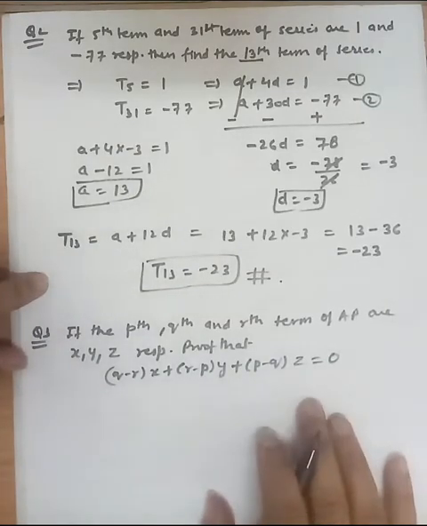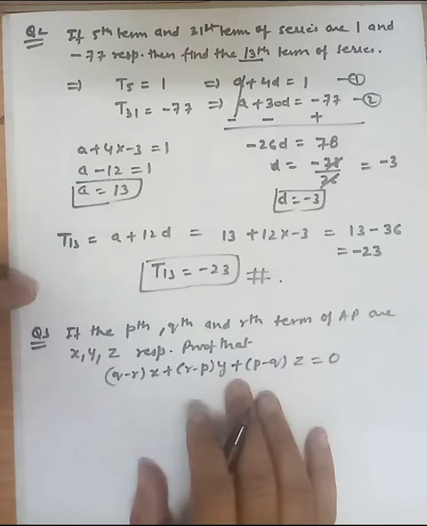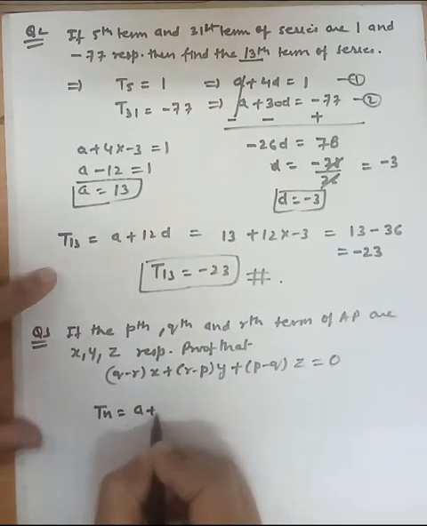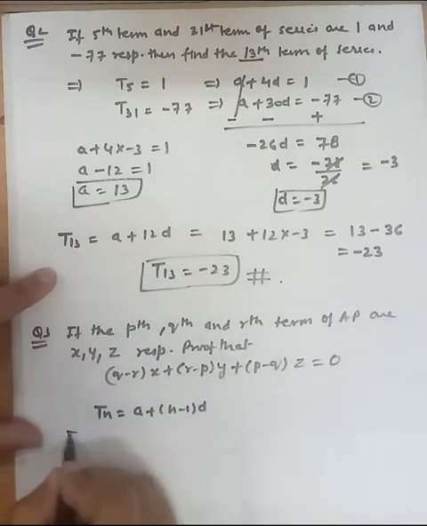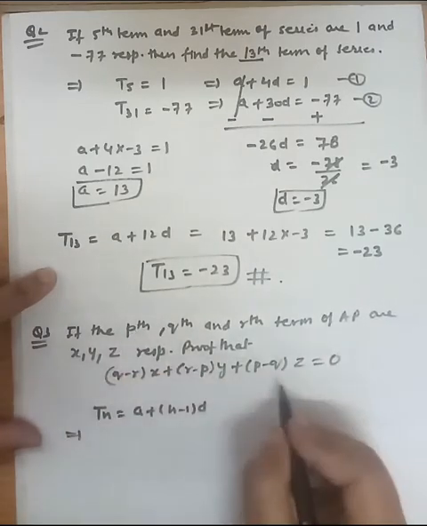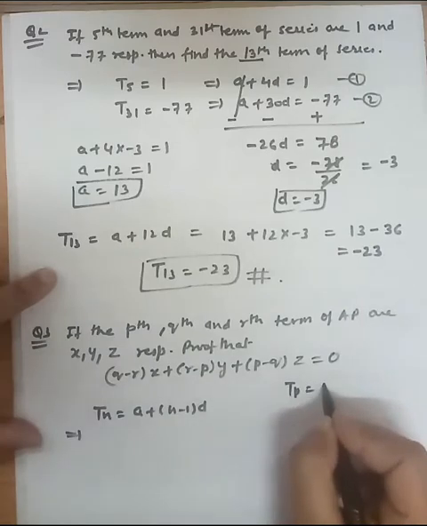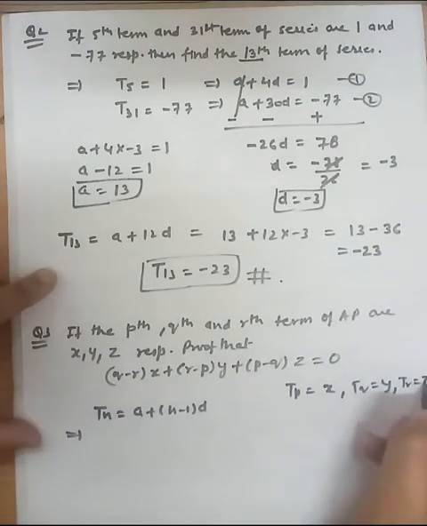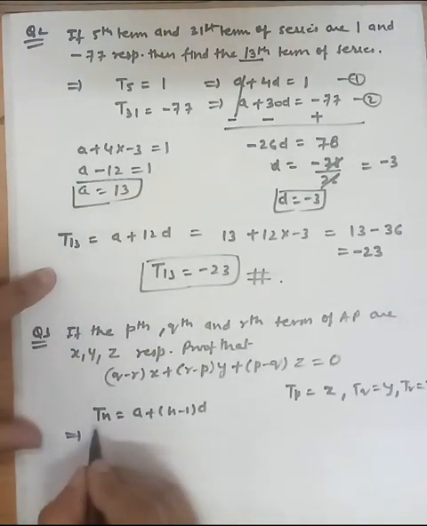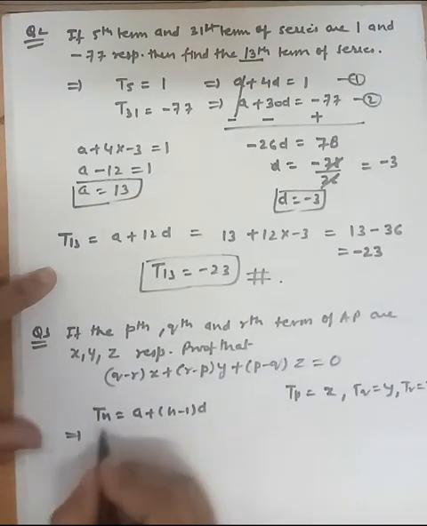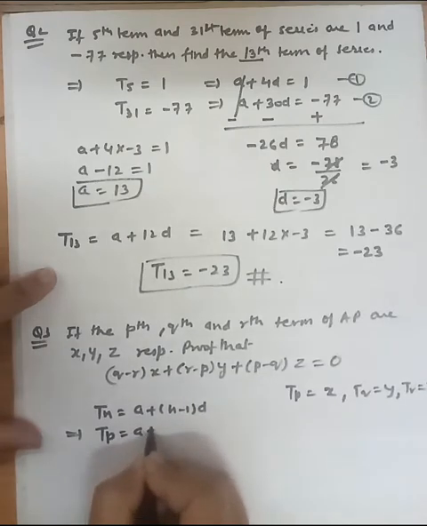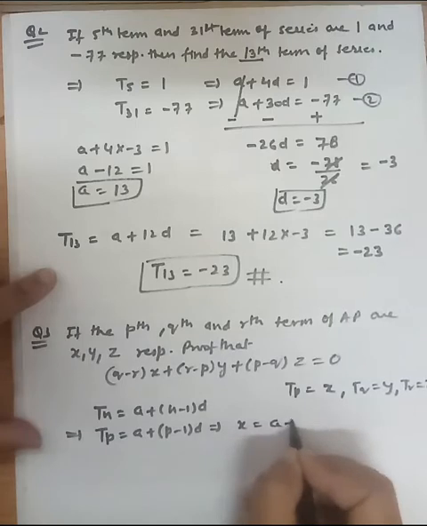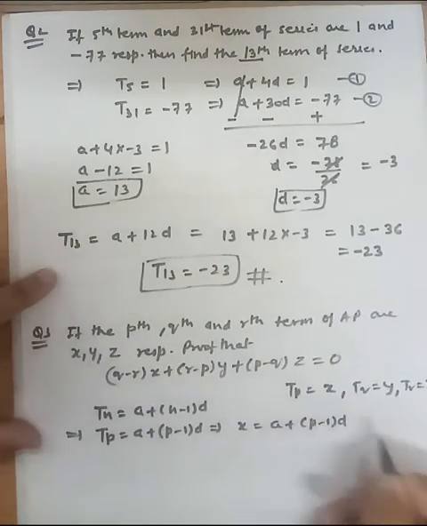Again we use the formula for the nth term. As we know, the general formula is Tn equals a plus (n minus 1)d. Here, the pth term is given as x, so Tp is x, Tq is y and Tr is z. Write down the formula for Tp: x equals a plus (p minus 1)d.